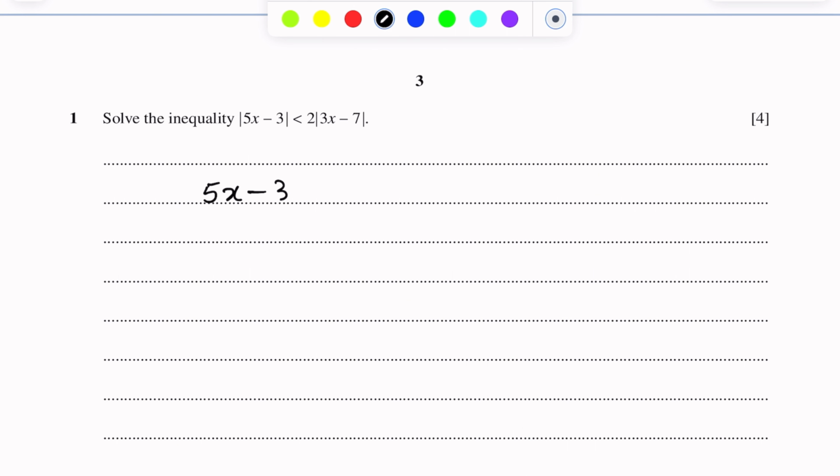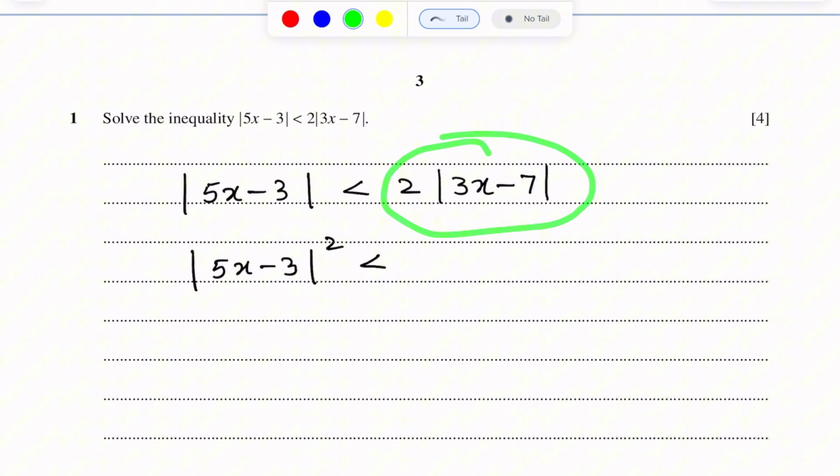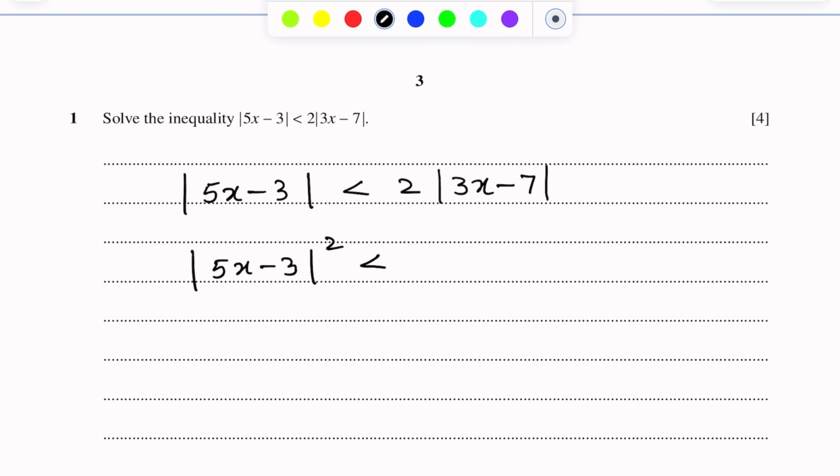|5x - 3| is less than 2 into |3x - 7|. Taking square each side, (5x - 3) squared is less than, now on the right side we will take the whole square of this. 2 will also be included, so (2 into (3x - 7)) whole square.